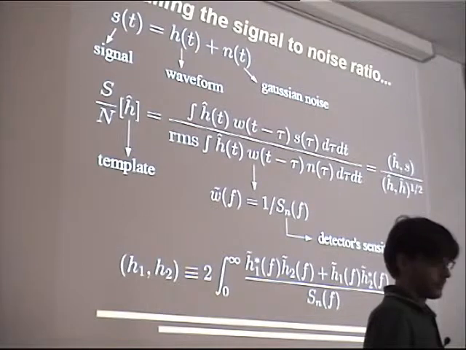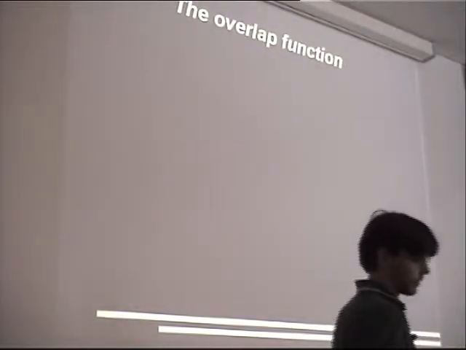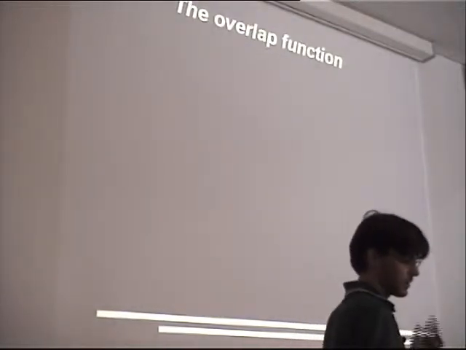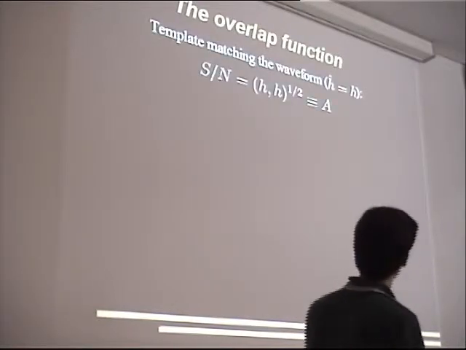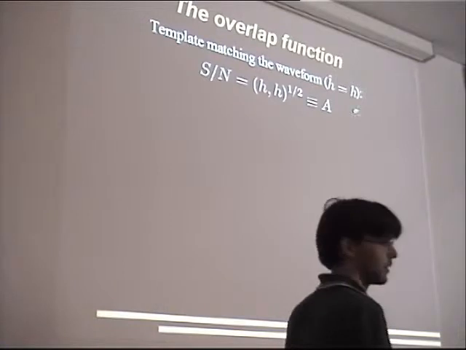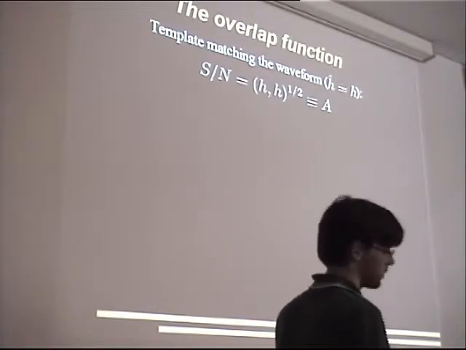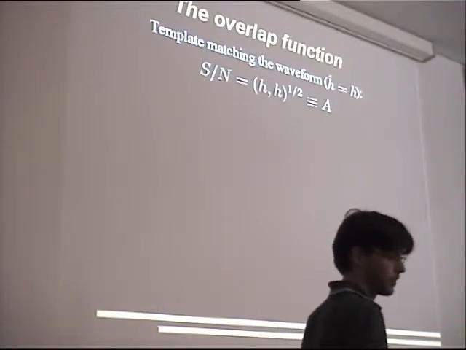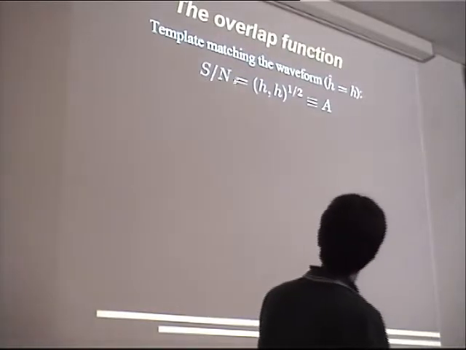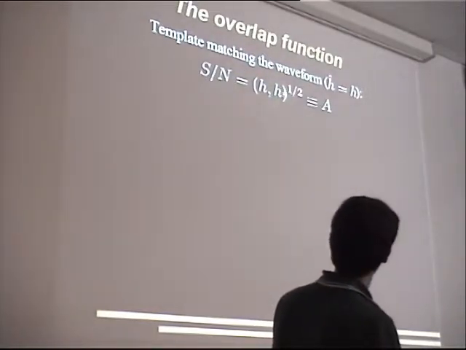So now using this machinery, I will explain what the overlap function is. If you have a template matching perfectly the waveform, you can substitute in the previous formula, and you get that the signal-to-noise ratio is exactly the norm of the waveform.